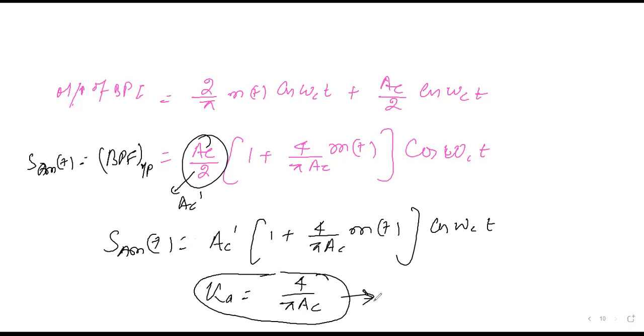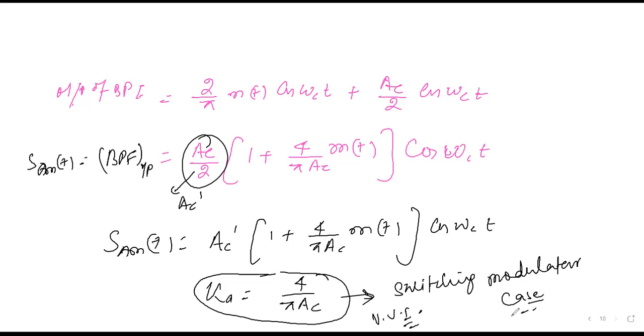For what case? Switching modulator case. This is your amplitude sensitivity. This is very, very important. Sometimes directly ask the question, what is the amplitude sensitivity in the case of what? The case of switching modulator, you can just directly put here.